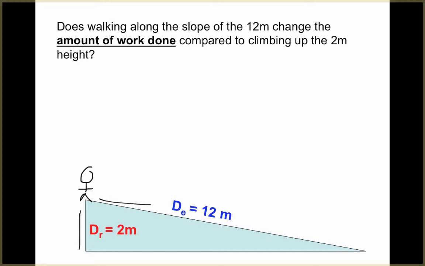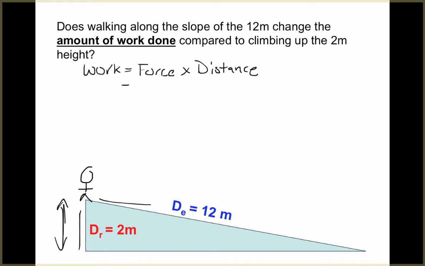Well, what do we know about work? Work is just a force acting over a distance, right? And this force and distance have to both be in the same direction. So in the case of something moving vertically, the work was done in the vertical direction. So the vertical direction is up and down like this. And the force that's acting against the vertical direction is the force of gravity.